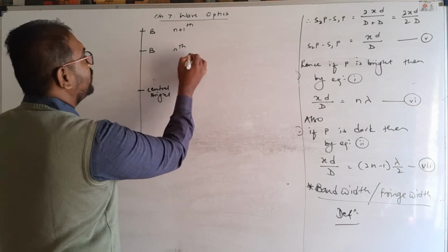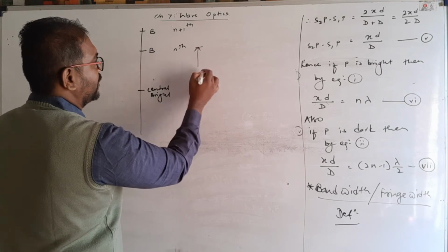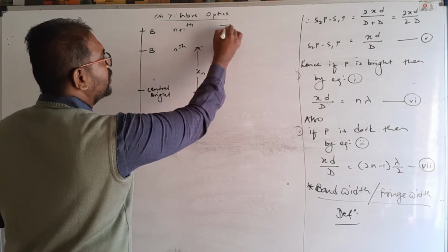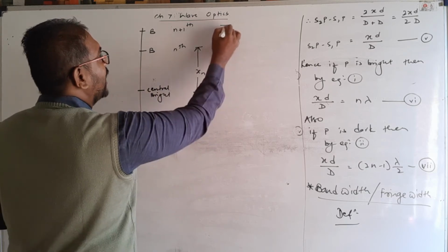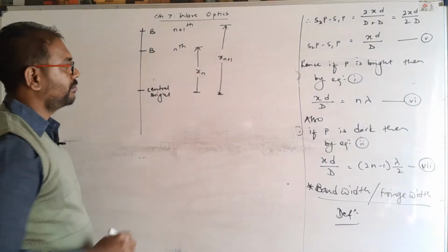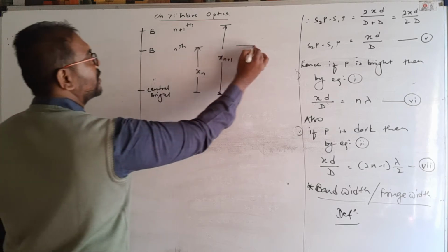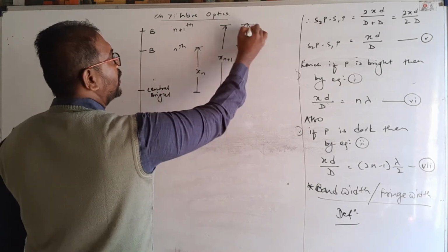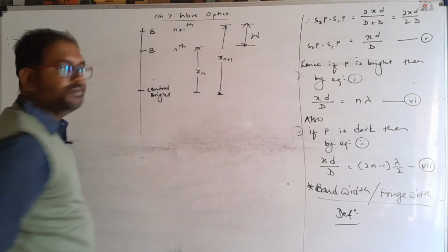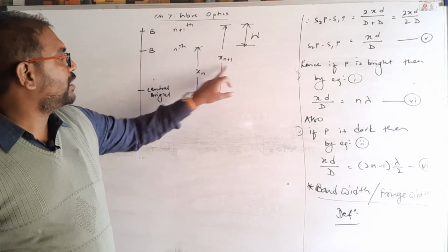Then I consider the distance of the nth bright is xn and the distance of the n plus 1th is xn plus 1. Then how much is the bandwidth? Bandwidth means this distance, W. We get W by xn plus 1 minus xn.